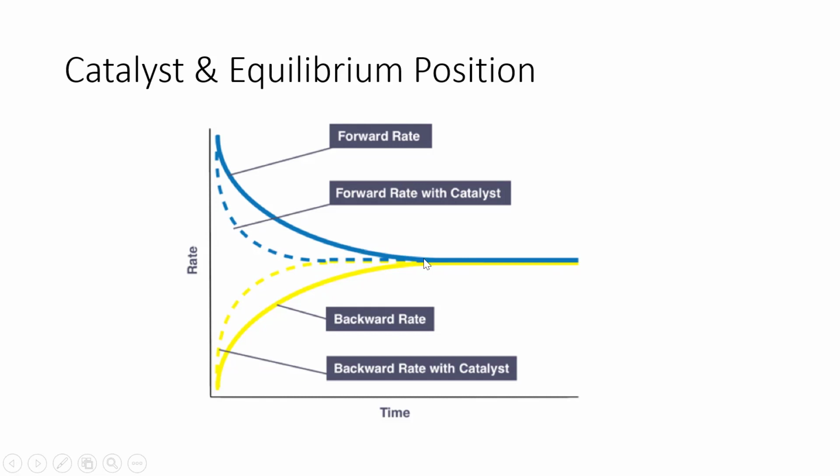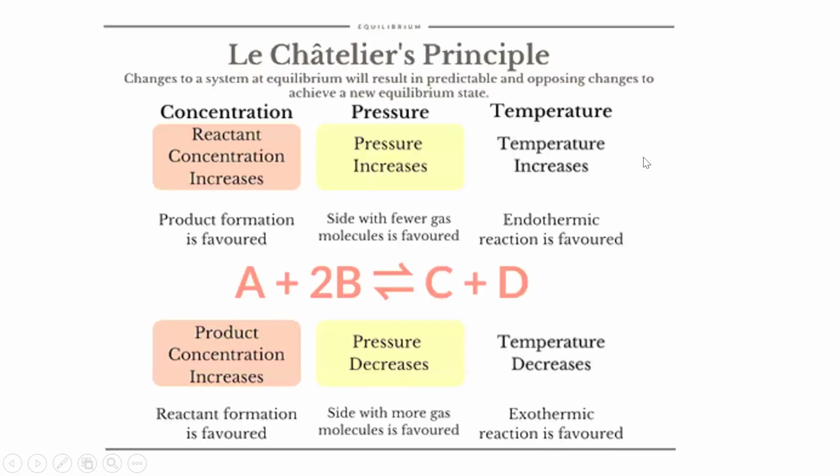The product concentration, no effect. So a catalyst has no effect on the equilibrium position. The only effect is that it will reach the equilibrium position faster, but it never shifts it towards the forward nor the backward reaction.